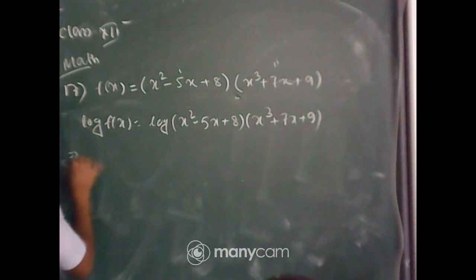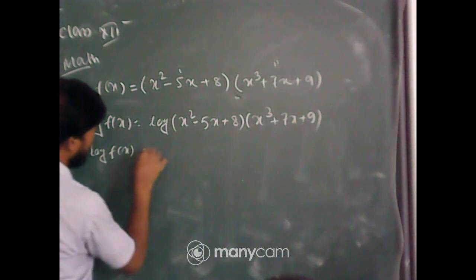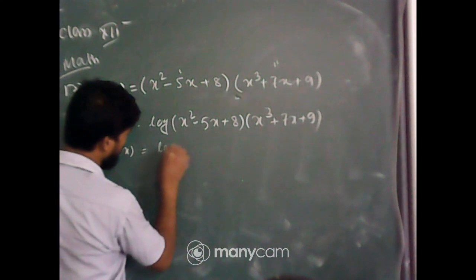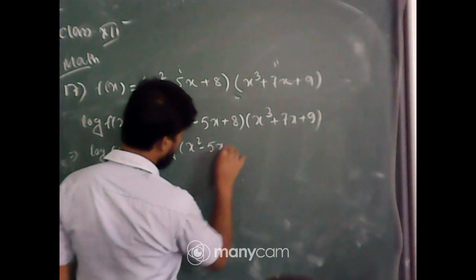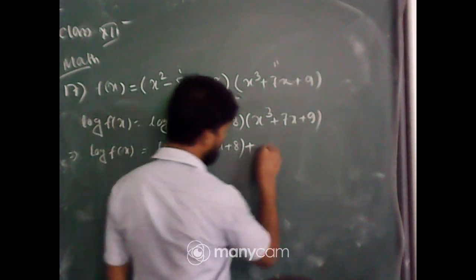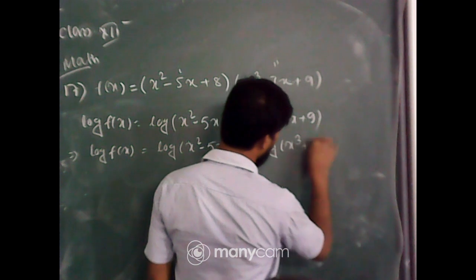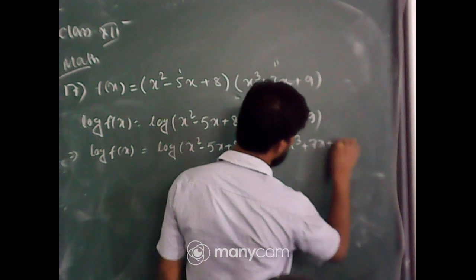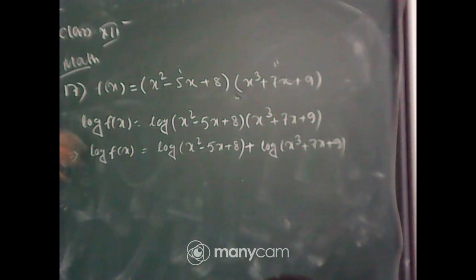That means log of f of x is equal to, that can be written in the form, log of x square minus 5x plus 8 plus log of x cube plus 7x plus 9. Now we differentiate this with respect to x.